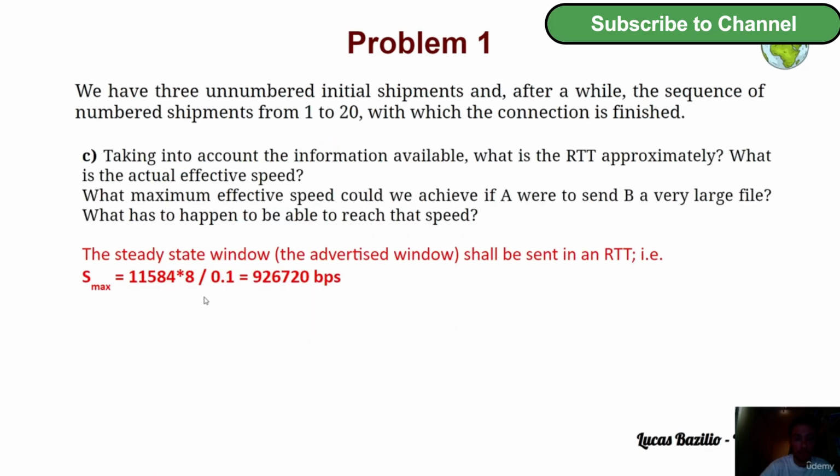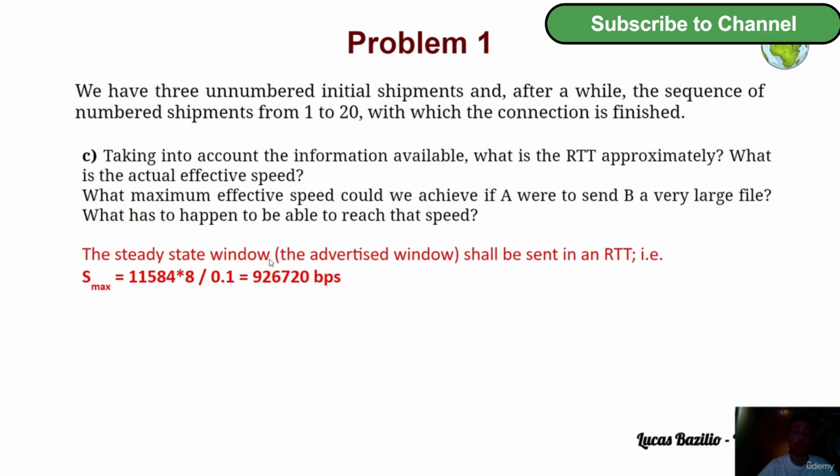Here we are rounding it to 0.1, and this gives us a total of 926,720 bits per second. This is the maximum effective speed that we can achieve if application A were to send application B a very large file.